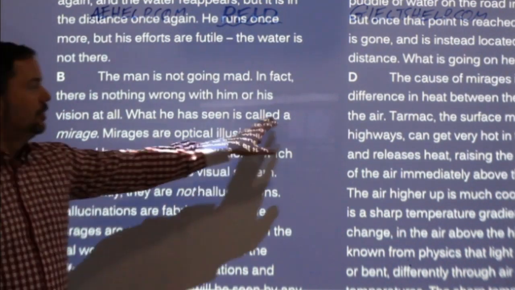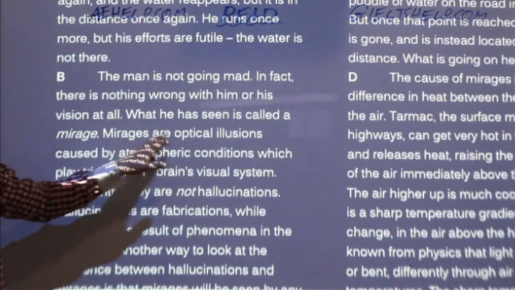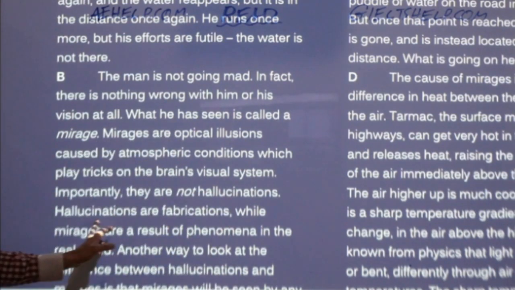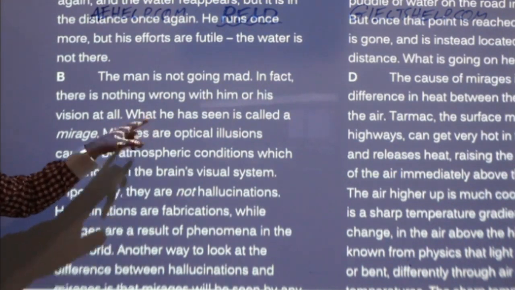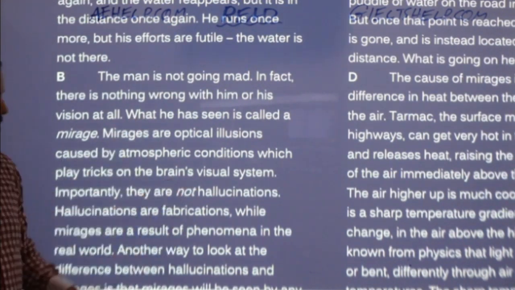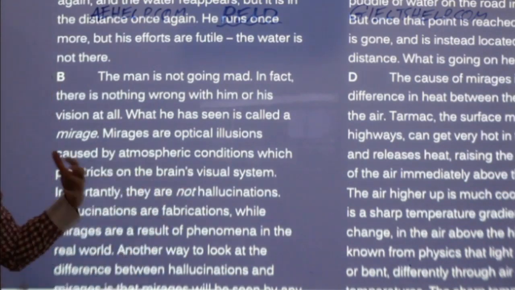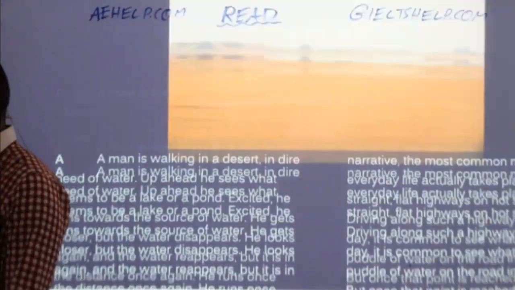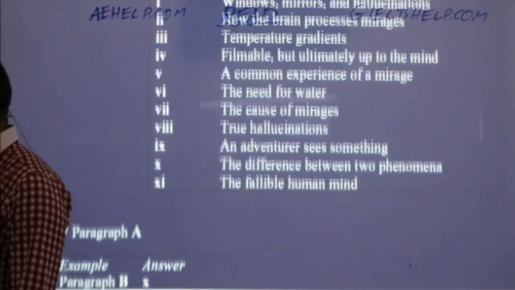So called a mirage, mirages are. They are not hallucinations, hallucinations are. Okay, so you see those doubling of the words mirage and hallucinations in those sentences, and then of course you have that comparison. So that's quite accurate to say that it's the difference between these two.